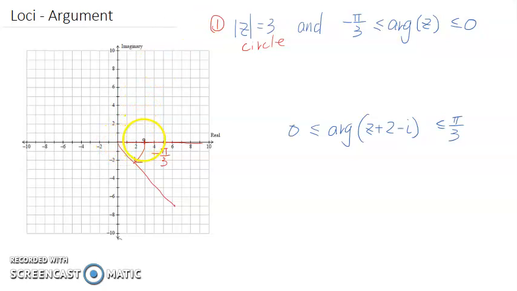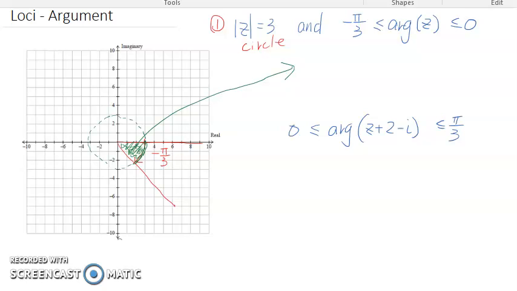So the distance from 0 to that complex number is 3, and in fact this is like a circle. However, because we have to fulfill both conditions, the part we're talking about is this pizza slice. This pizza slice fulfills both conditions.